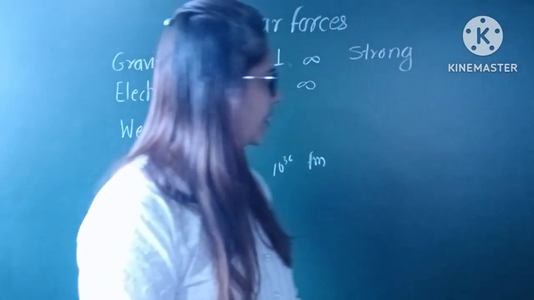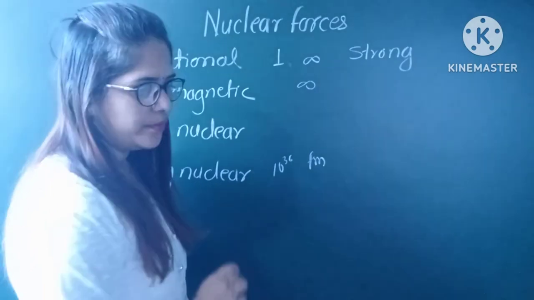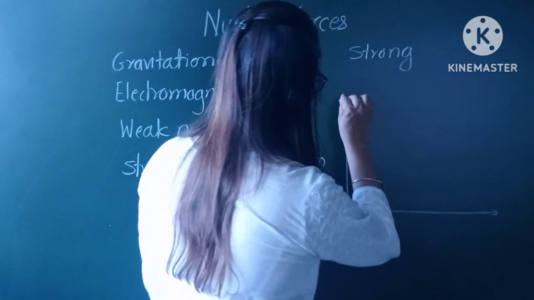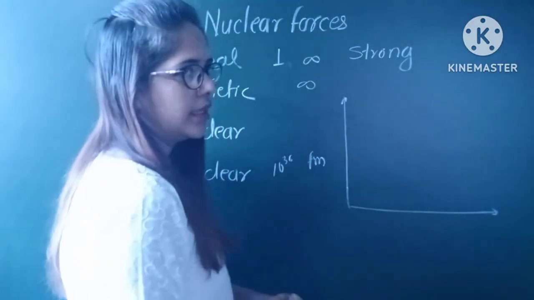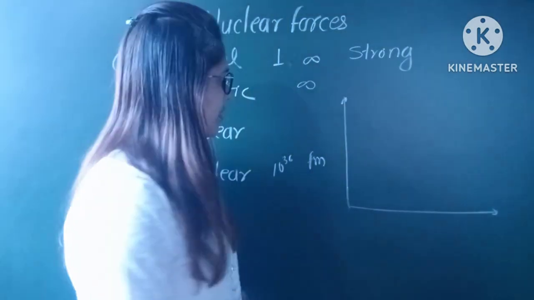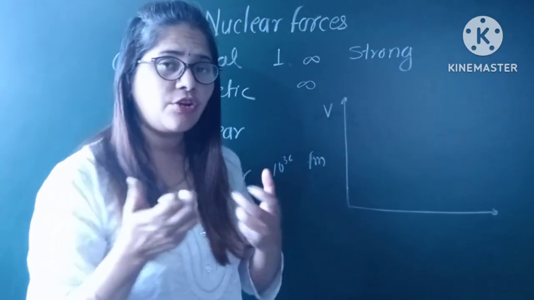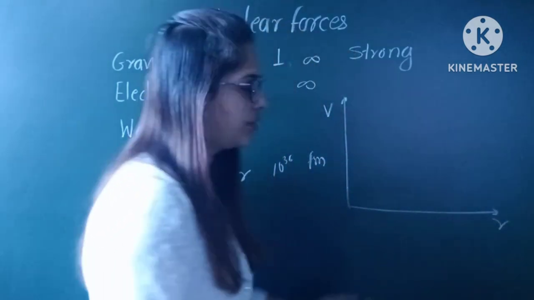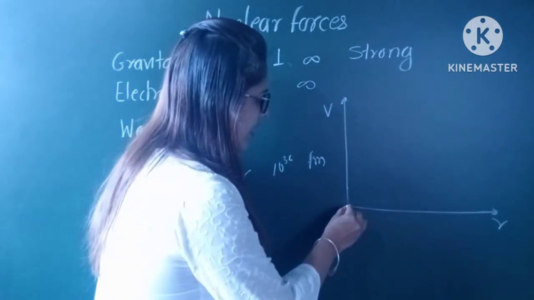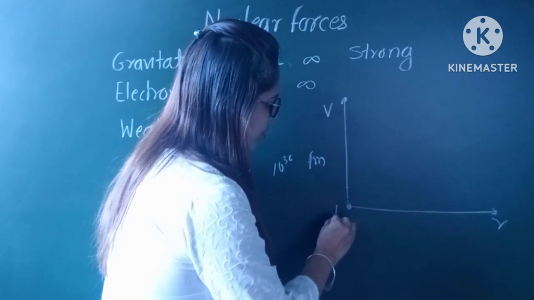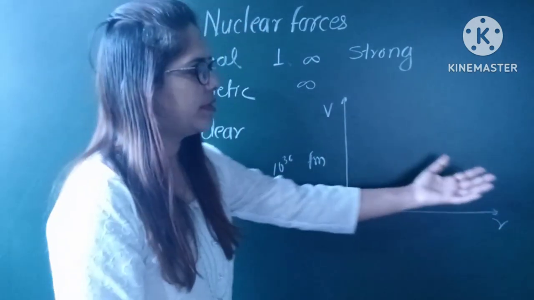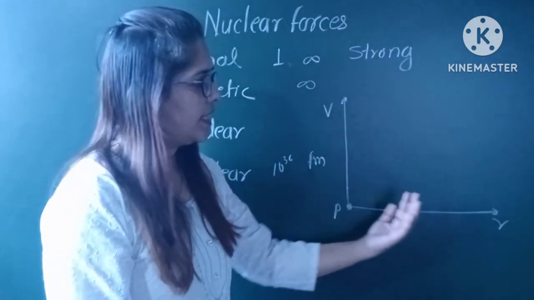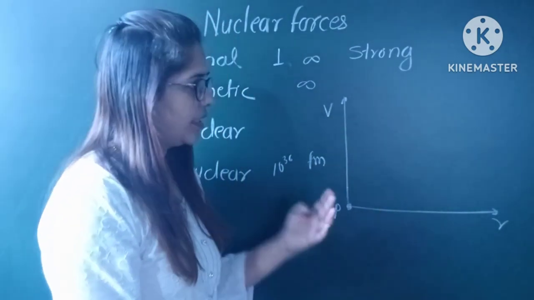For example, let me try to draw a diagram of the potential energy, or the strength of the interaction, versus the distance r. Suppose I have a proton over here and another nucleon, like another proton or a neutron, is coming from this side. Let me draw a neutron here.